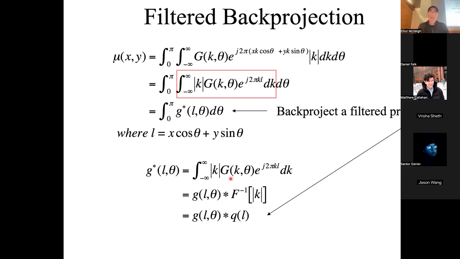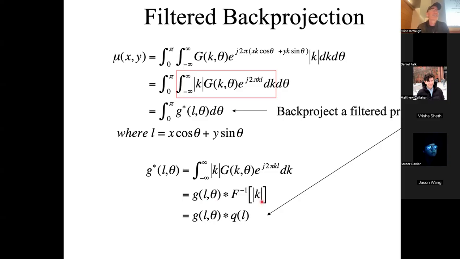This inverse Fourier transform is just GL theta convolved with the inverse Fourier transform of the absolute value of k, just by the convolution theorem, right? So that's how this thing is related to GL theta. It is GL theta convolved with a different function.